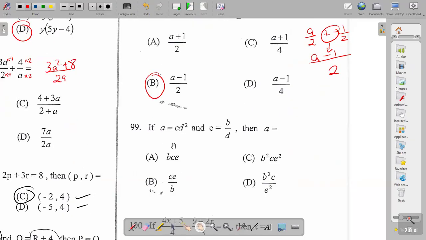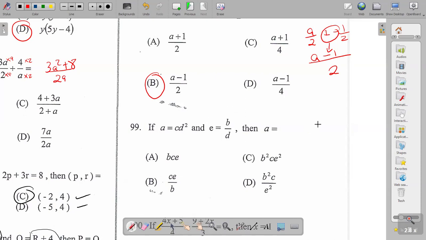All right. And then they say if a is equal to cd squared and e is equal to b over d, then a is equal to... So if you notice, your answer has an E. So that means we need to use E. But to get E, E is B over D. And we got D. So we need to figure out what is the equation for D, right?